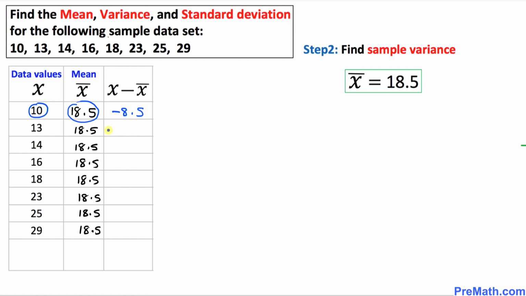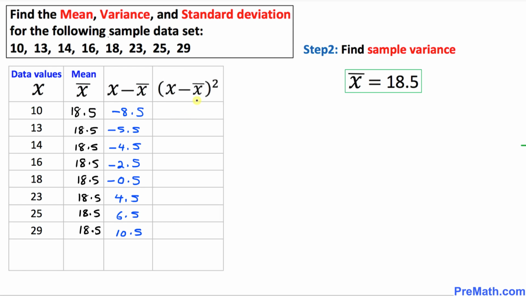This is going to give us negative 5.5, and the next one is going to be negative 4.5. That is going to be negative 2.5. That is going to be negative 0.5, and this is going to be 4.5. This is 6.5, and finally this is going to be 10.5.